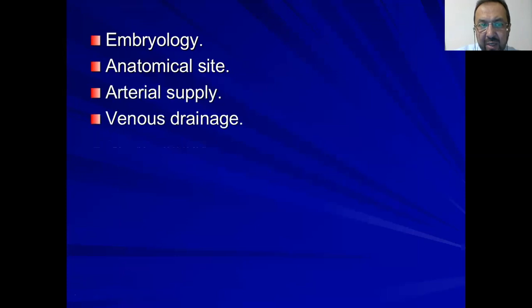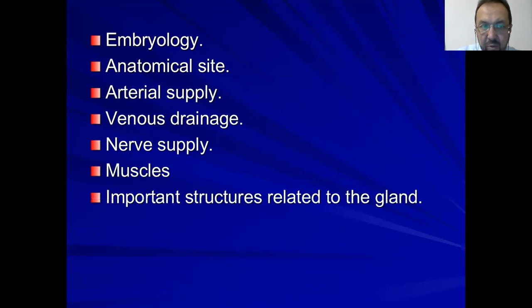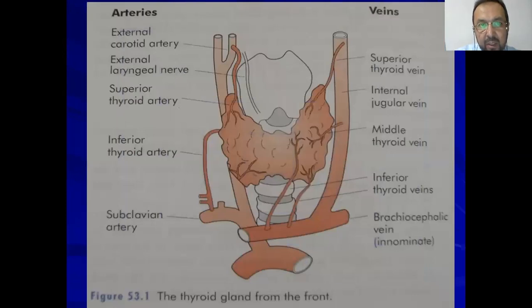Next, we are going to tackle the blood supply, the nerve supply, muscles, and important structures related to the glands. As regards the arterial supply, I will be a bit in a hurry here because this is just academic information that can be found in any textbook. The arterial supply of the thyroid gland is derived from the external carotid artery through the superior thyroid artery, and from the inferior thyroid artery from the thyrocervical trunk, first part of the subclavian.